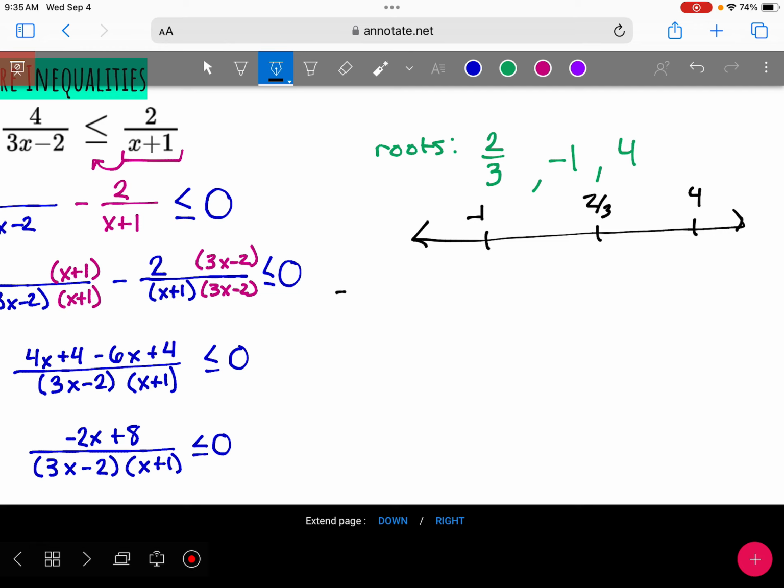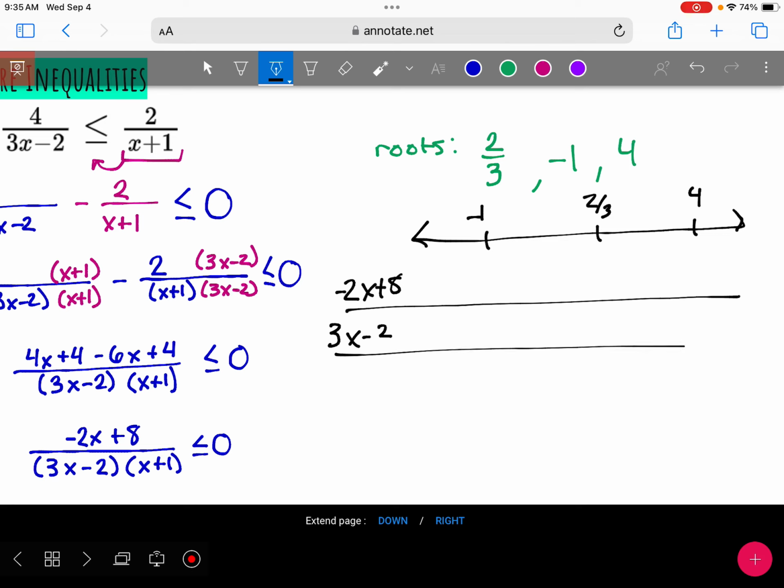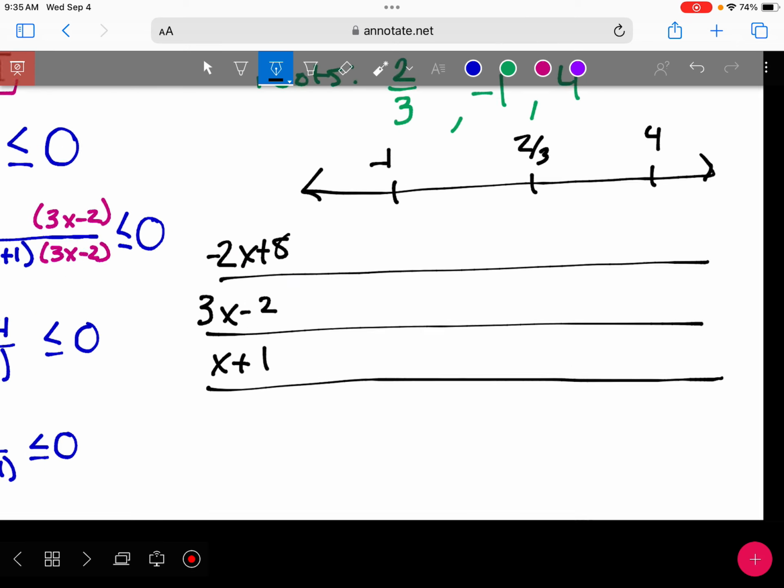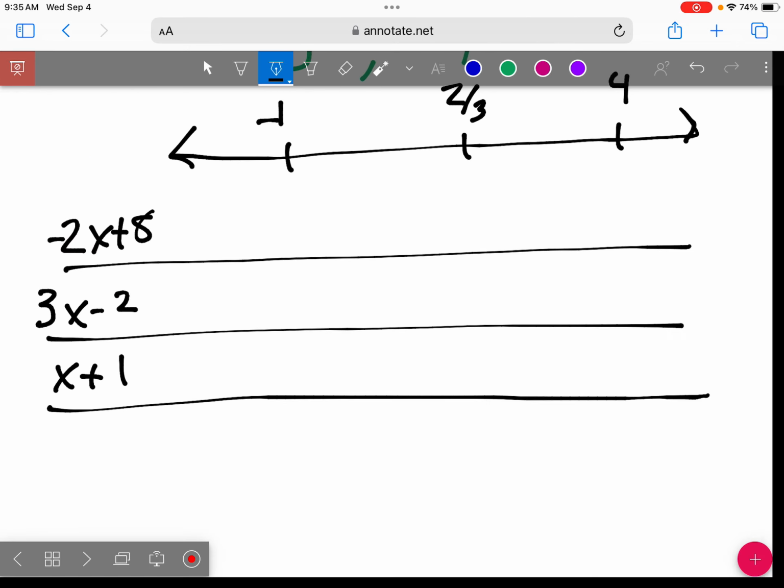And our factors are our minus 2x plus 8, our 3x minus 2, and our x plus 1. And then I'm going to zoom it in so it's a little bit easier for me to write on. There we go. Doing our positivity table here.